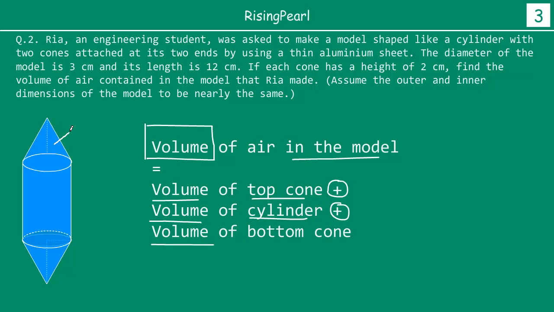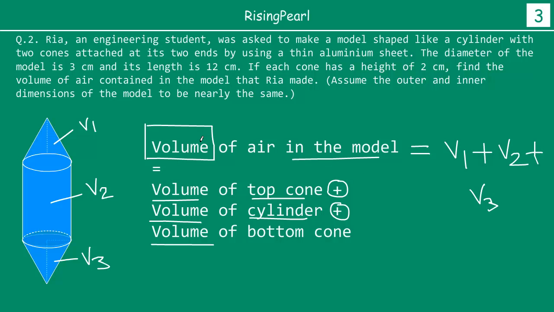We will calculate the first volume, say V1, then V2, and then V3. The final answer will be V1 plus V2 plus V3.